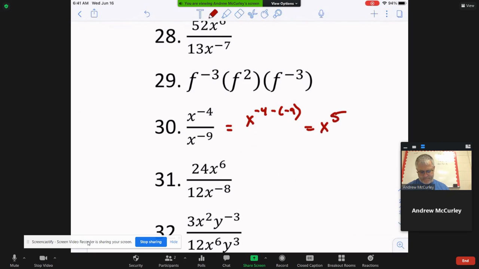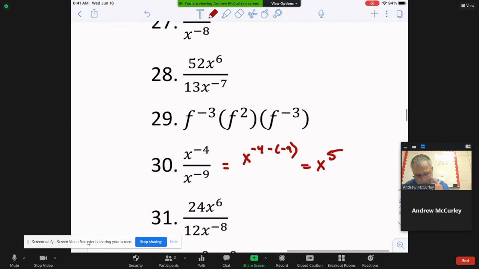Number 28 is the same thing, but it just reduces. So this is going to be 4 x to the 6th minus -7. So 4 x to the 13th. I'm a little less excited about that one than I thought I was going to be.